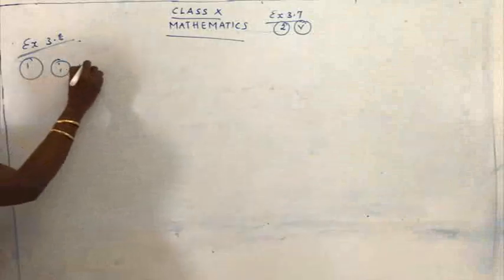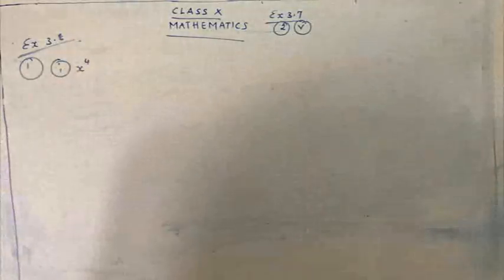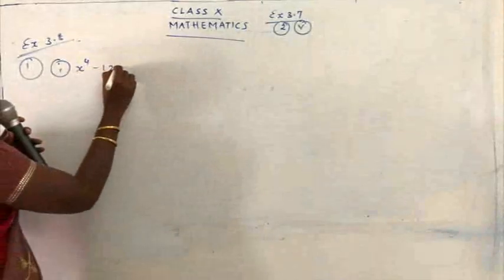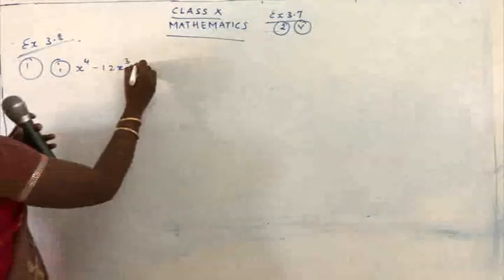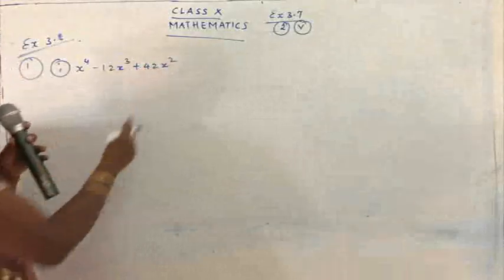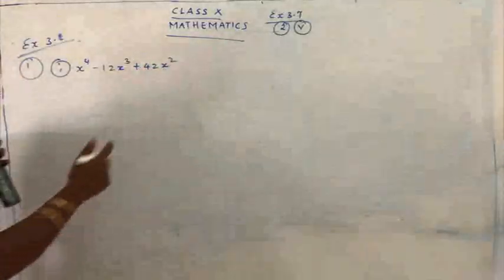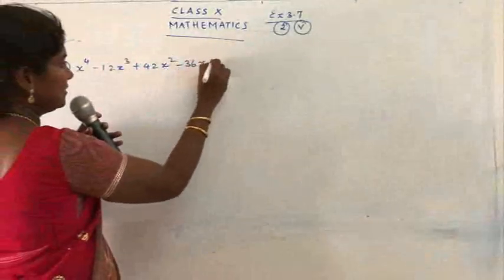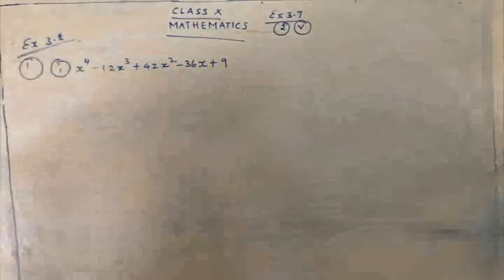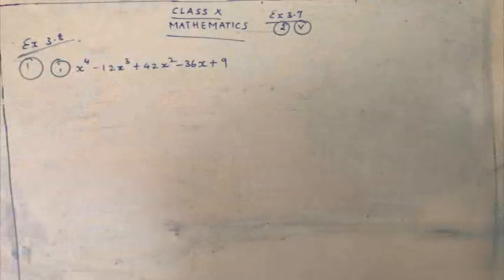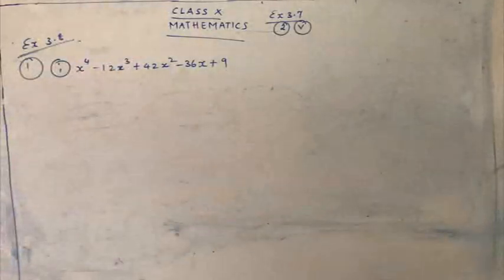X raised to 4 minus 12x cube plus 42x square minus 36x plus 9. Be careful, children. I am saying again, this is very important. This type of question can be asked.